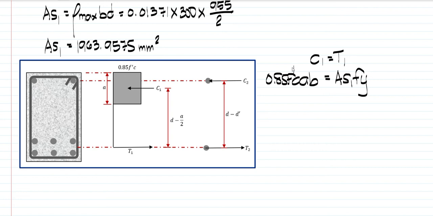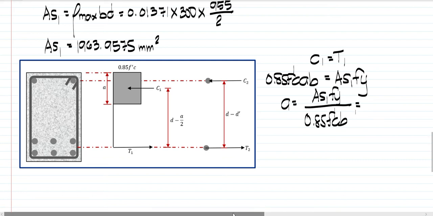Then arranging the terms, we could get a is equal to As1 Fy over 0.85 F prime C b. So we have to substitute the values on this side.